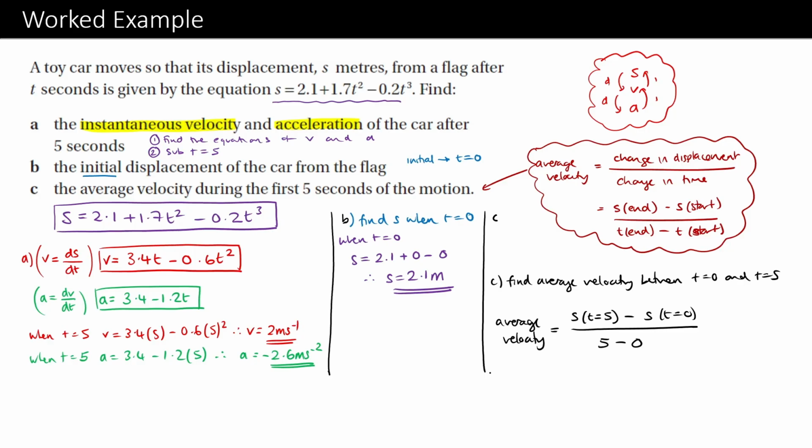When t equals 0, I've already worked that out as 2.1 from part B, and when t equals 5, s gives me 19.6. So the average velocity is 19.6 minus 2.1 over 5. If I type that into my calculator, I get a final answer of 3.5 meters per second.